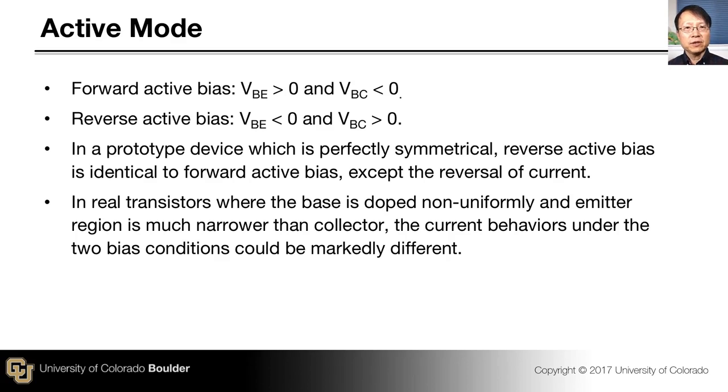If the device is perfectly symmetrical, in other words, the doping densities in the emitter and collector regions are the same, and the base region doping is uniform, then of course there is no difference between the forward and reverse active mode. In most real devices, the transistor is designed to operate in the forward active bias, and the doping density is not uniform. Usually the emitter doping density is much greater than the collector doping density, and the base doping is also non-uniform.